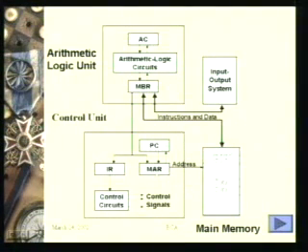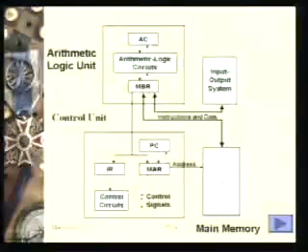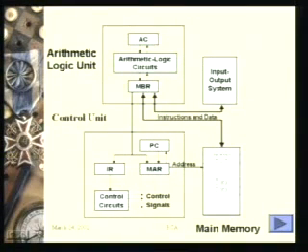So PC passes that address to the memory address register, which in turn applies that address onto the memory. The related instruction is fetched under the control of control circuit signals. It is fetched to MBR and passed on to the instruction register, because this is an instruction.